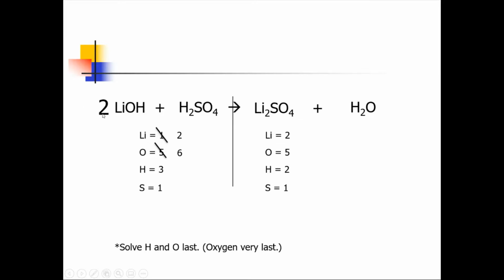But putting a 2 here means we get 2 lithium hydroxide molecules, not 2 of the whole left side of the equation. We didn't change the number of oxygen atoms here with this 2. It only applies to this molecule right behind it. And unfortunately, this screws up our oxygen, which we didn't really want to do, but that's okay. And it changes our hydrogen now to 2 hydrogen here plus 2 here, so that's 4. And our sulfur doesn't change.